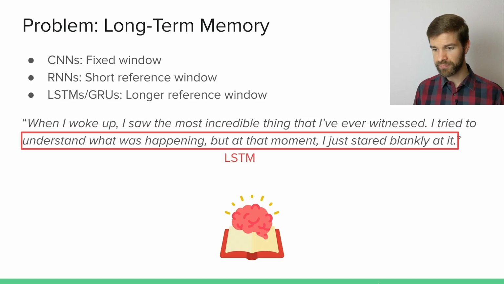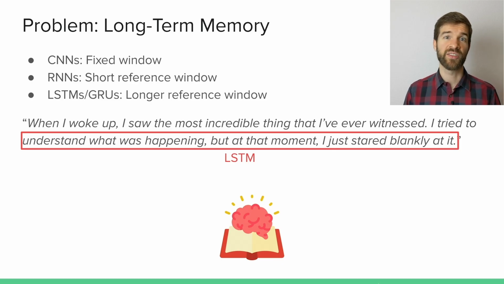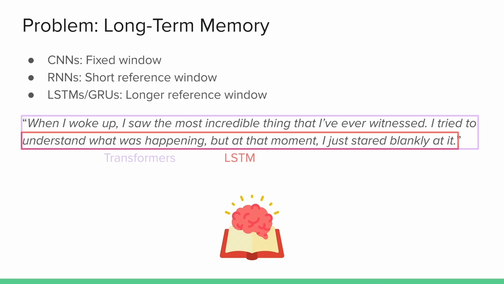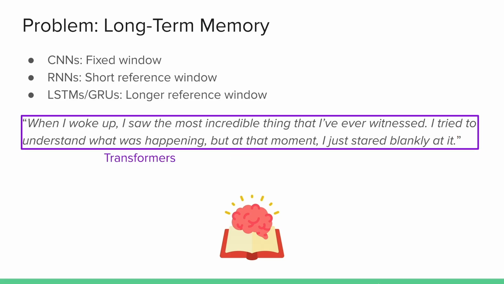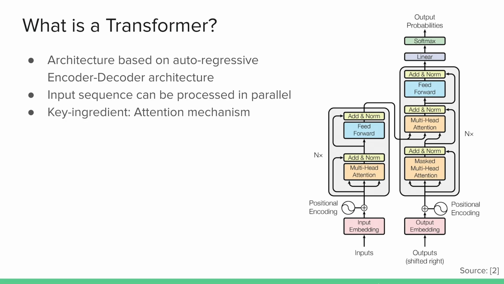So the idea would be, can we extend this and have the entire context available at the same time? And this is the idea that transformers employ. With transformers, we process the entire sentence or the entire input sequence in one swoop. So what is a transformer?